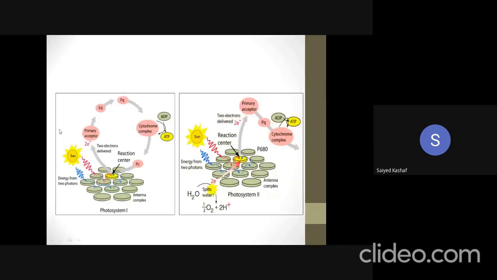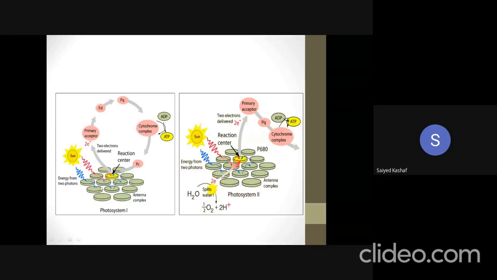So when the light falls on the PS1 system, these pigments capture the light in the form of photons, and these pigments transfer that energy to the reaction center. And if we are talking about photosynthesis in higher plants, the reaction center should be the chlorophyll A molecule.